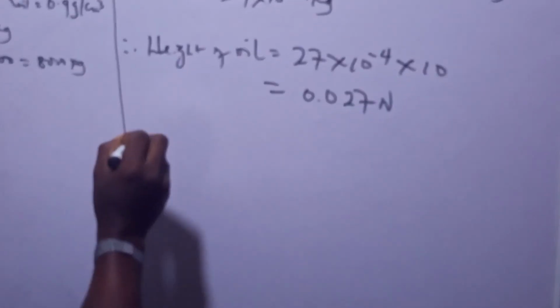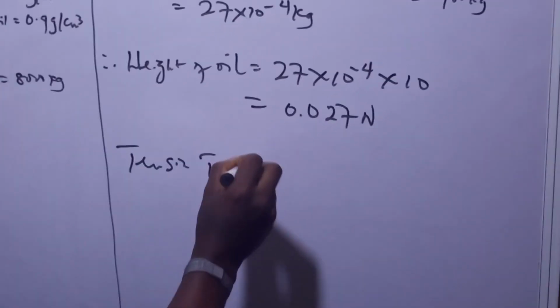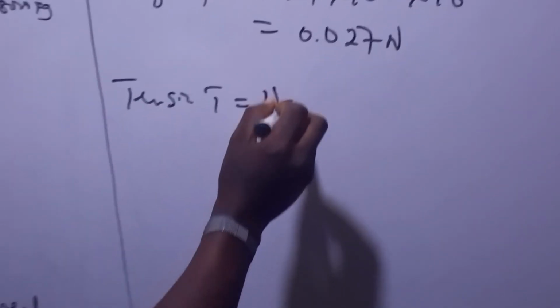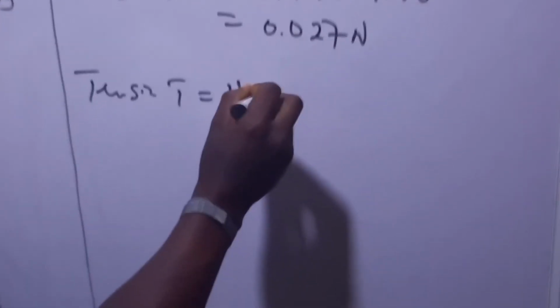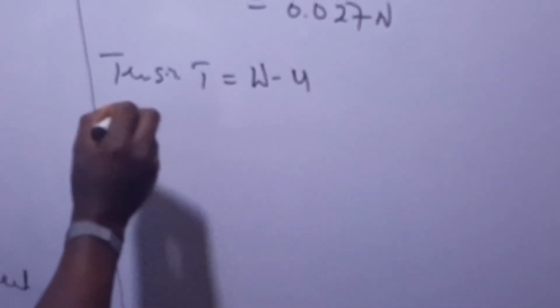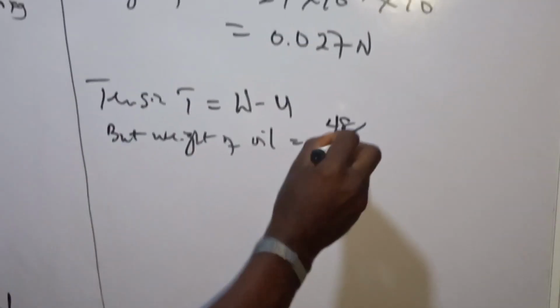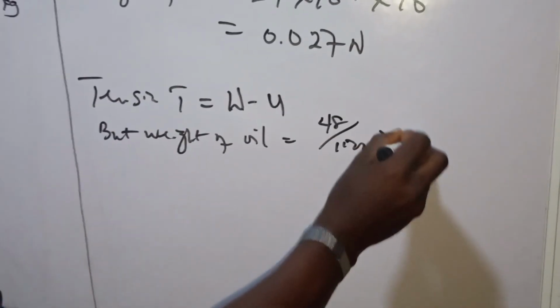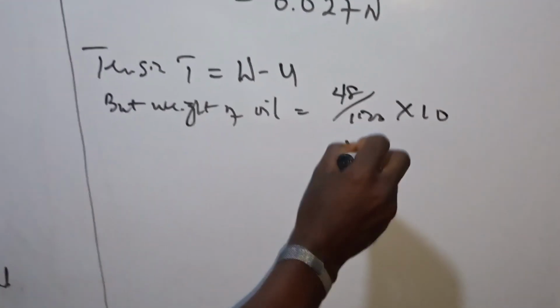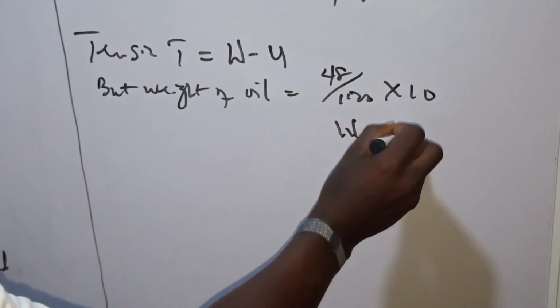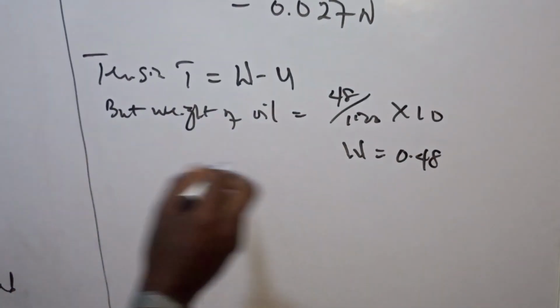Then we have tension equal to the weight minus the upthrust U. The weight of the cube is 48 over 1000 times 10, which is 0.48.